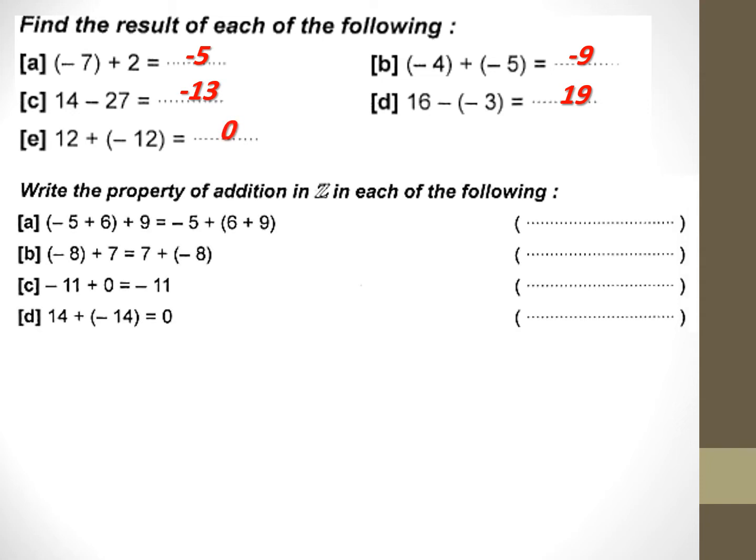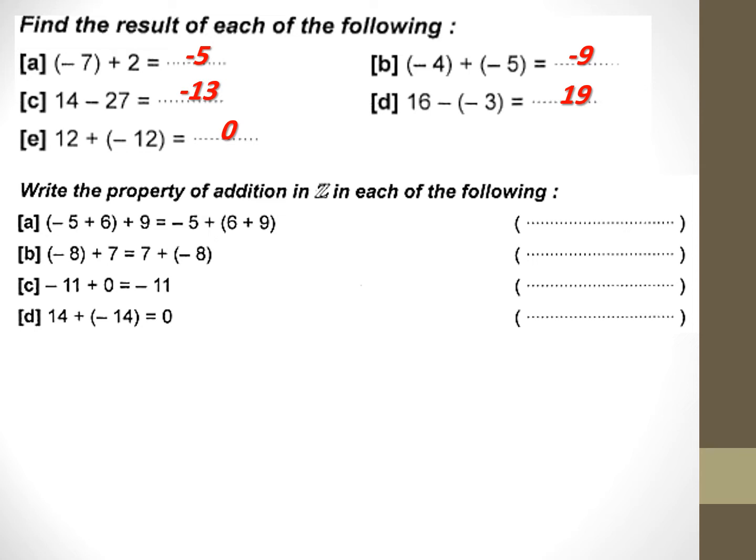The second question, write the property of addition, like closure, commutative, associative, additive identity and additive inverse. Firstly, negative 5 plus 6 in a bracket, plus 9 equals negative 5 plus 6 plus 9, but the brackets on 6 plus 9.